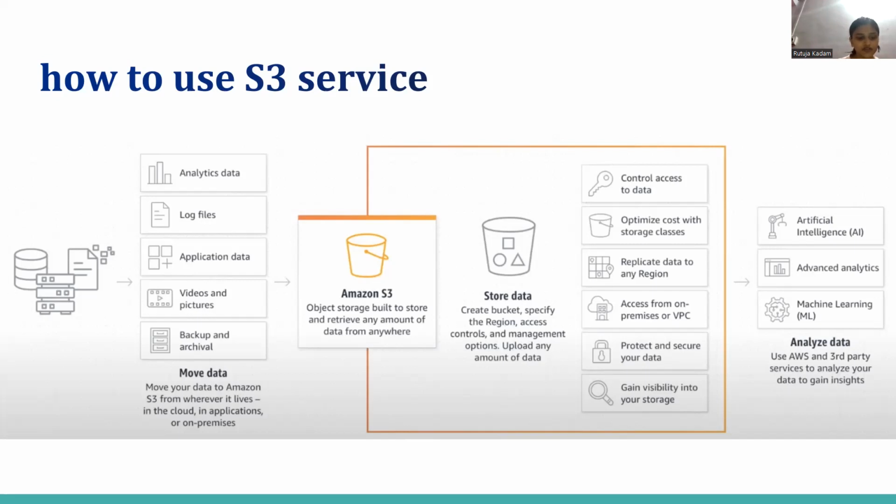With cost-effective storage classes and easy-to-use management features, you can optimize cost, organize data, and configure fine-tuned access controls to meet specific business, organizational, and compliance requirements. Here you can see the data flow of how to use S3 services.